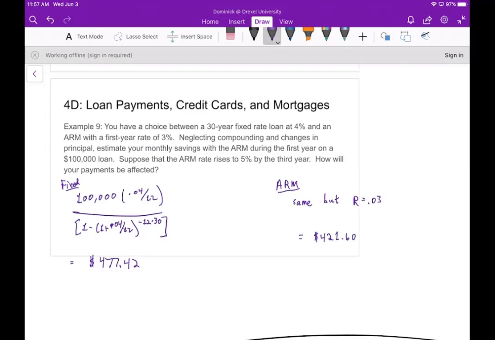So of course, your monthly savings would be the difference of these two. So each month, if I do 477.42 and I subtract 421.60, I'm going to get that each month I'm saving $55.82.